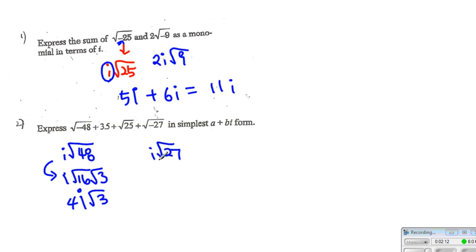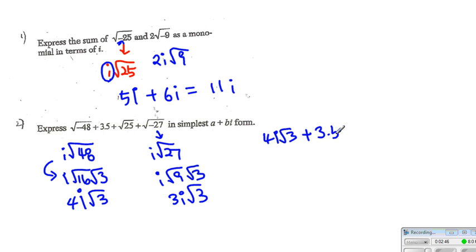On the other hand, square root of negative 27 becomes i square root of 9 and square root of 3. Then we end up getting 3i radical 3. So if I have to rewrite everything, instead of writing square root of negative 48, we will have 4i radical 3, and then plus 3.5, and then square root of 25 becomes 5 itself.